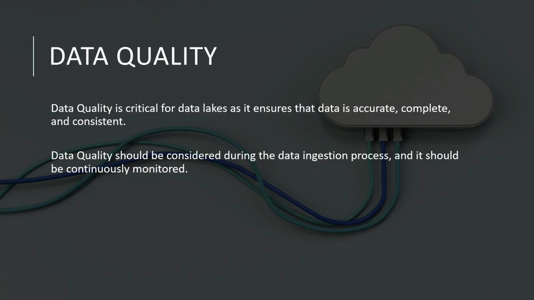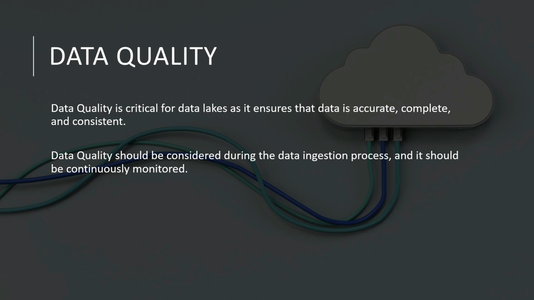Now, this is the last topic, but it is actually one of the very, very important topics. Like I said, while ingesting the data, I have to keep data quality in mind. Data quality is not an afterthought which comes when we have processed the data and in the end I realize, oh my god, the data is not correct.